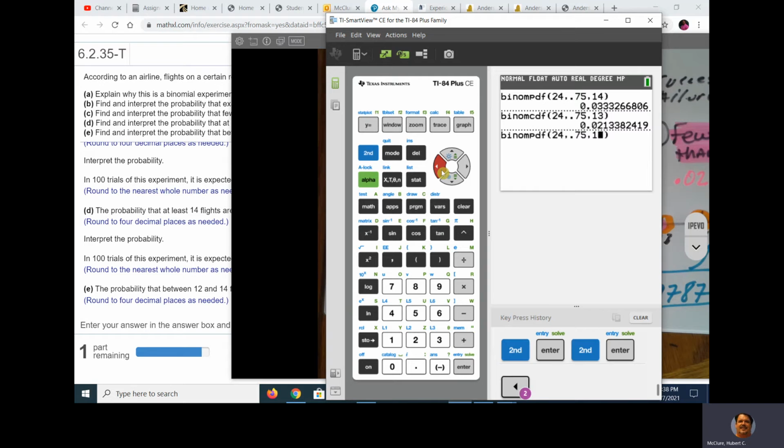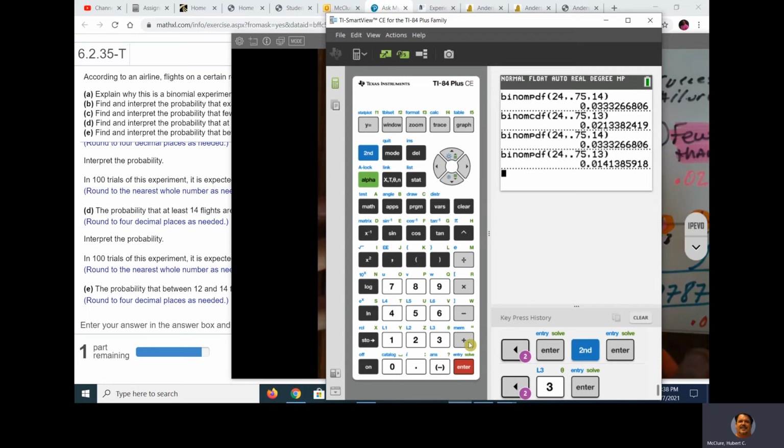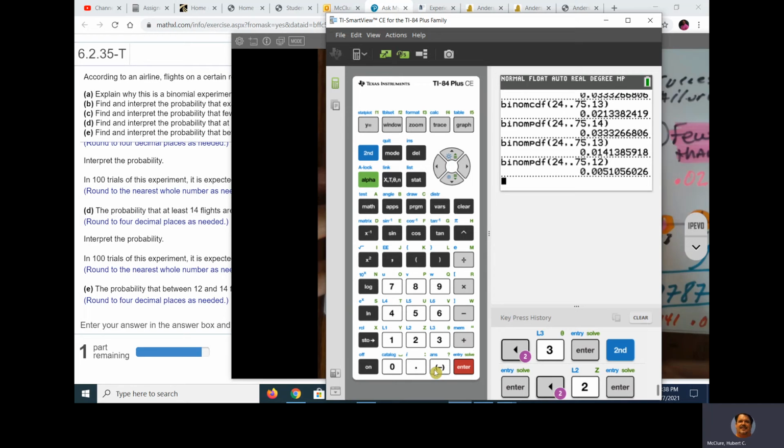There's 14 right there. 14 is 0.0333, and then I'm going to change the second entry to a 13, and that's 0.0141, and then change that to a 12. And that is 0.0051.